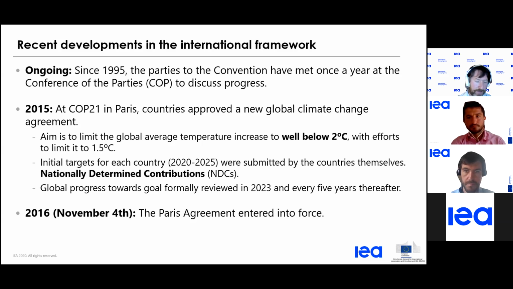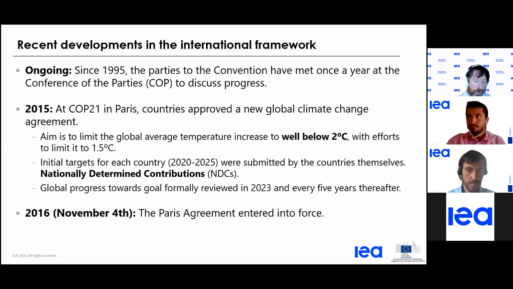So as part of this process, each country determined their own initial target for the period 2020 to 2025 and submitted those to the United Nations Framework Convention on Climate Change, or the UNFCCC. And that's a UN body that oversees the climate change process that's based in Bonn. Now, these targets were known as Nationally Determined Contributions, or NDCs.